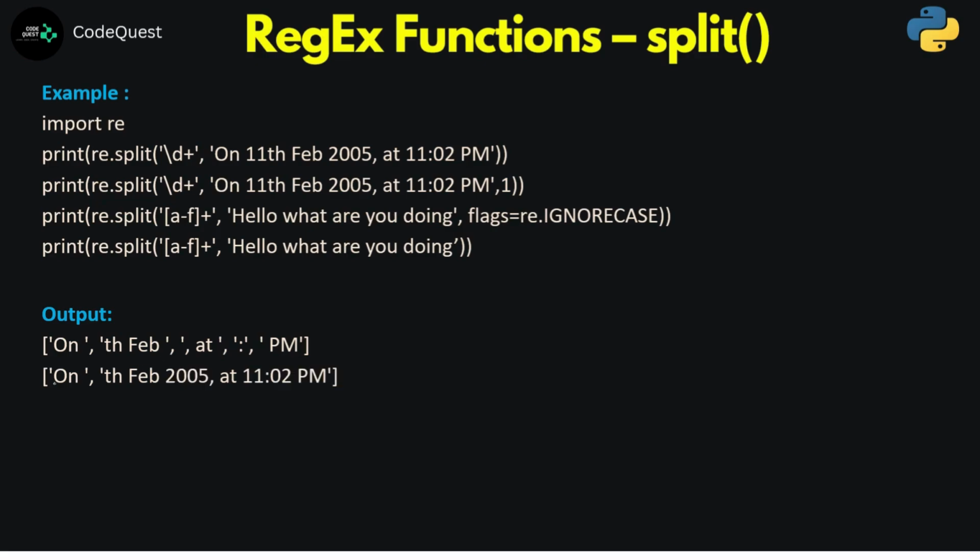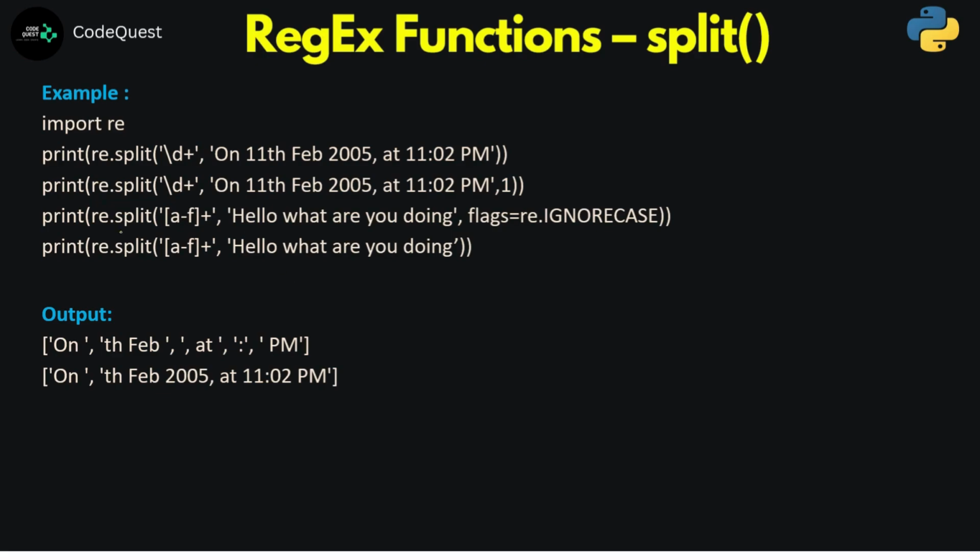So you can see the first one is 'on' up to the space, where we found the digits. From there, the remaining, from 'th' onwards, 'th space feb', everything is in a single item. In the previous case we got 5 splits, but with the inclusion of maxsplit we are only getting 2 items here.